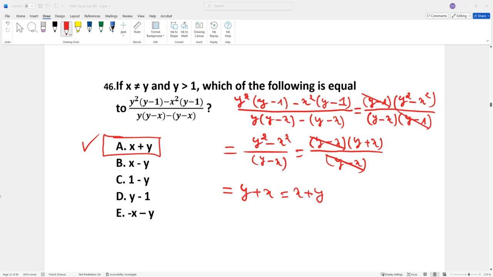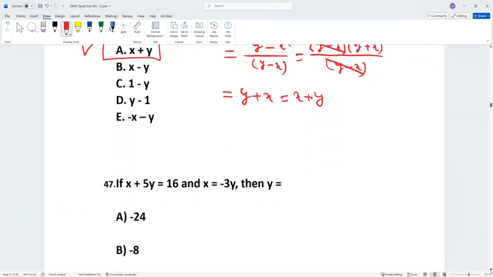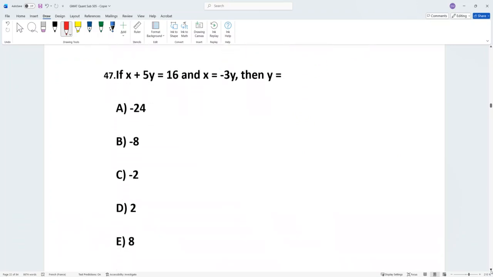Let's move on to question number 47. 47. So we have, if x plus 5y is equal to 16 and x is equal to minus 3y, then what is the value of y? So we have here x plus 5y is equal to 16, okay, and x is equal to minus 3y.